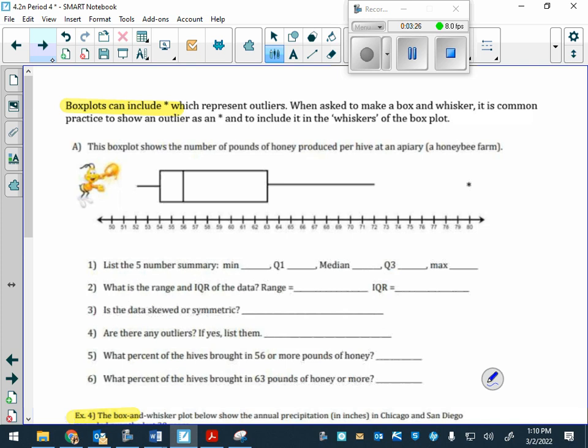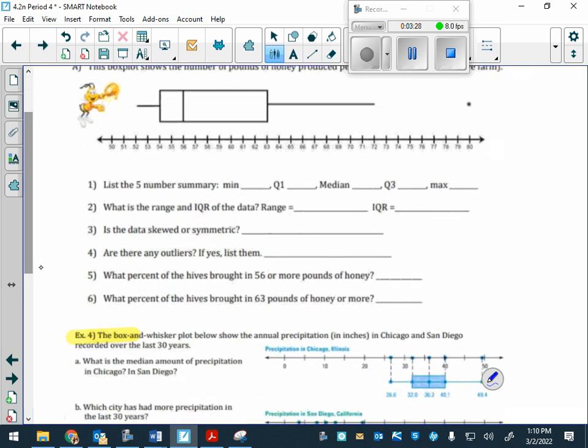So, what is the 5-number summary? Say and go ahead. Careful.